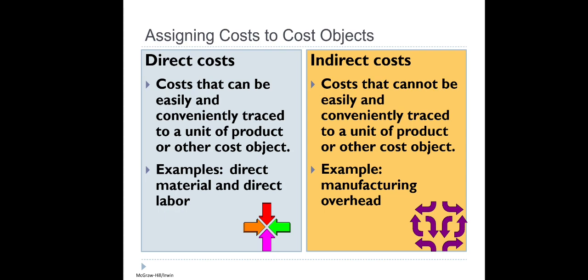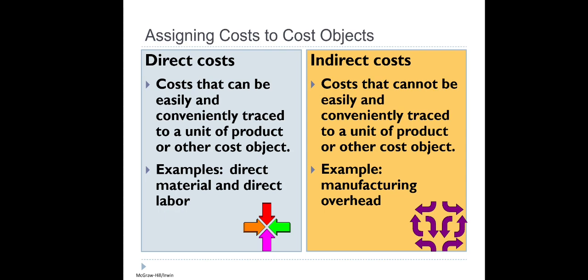So the salary of the janitor is a manufacturing overhead cost, and it is also called indirect cost. The material that the business uses to maintain equipment, for example the material that they use to clean the machine, to make sure the machine works properly, this material is used in a factory.